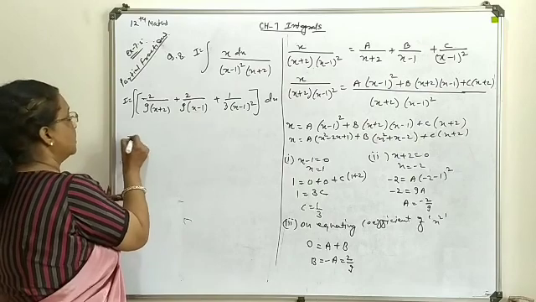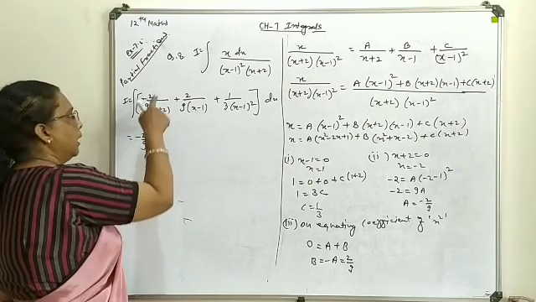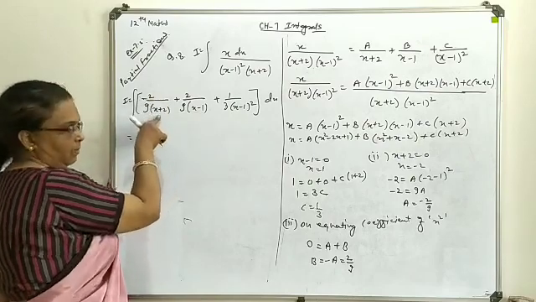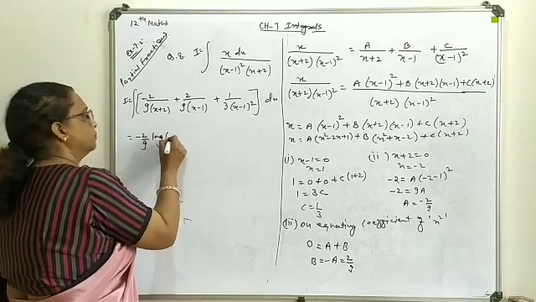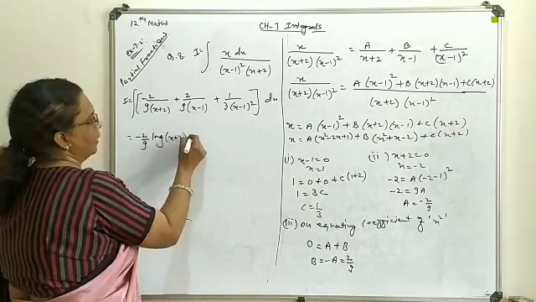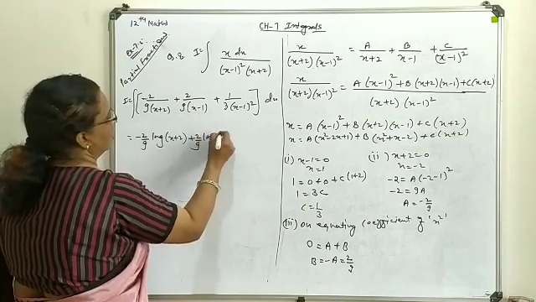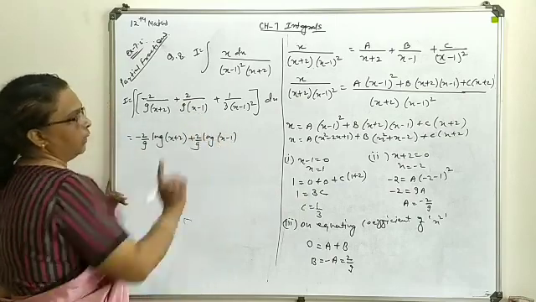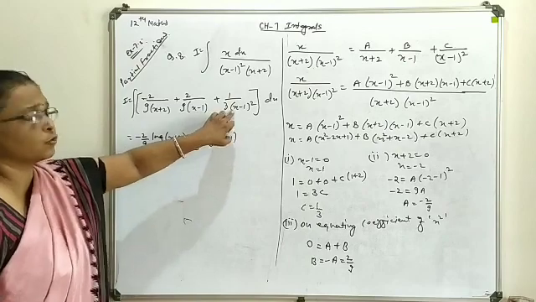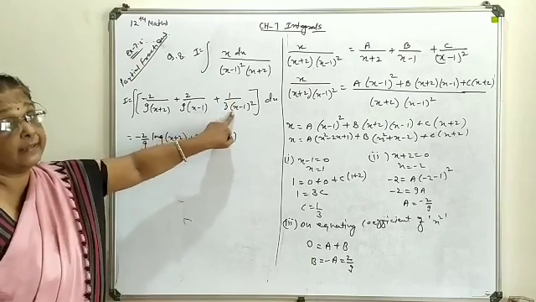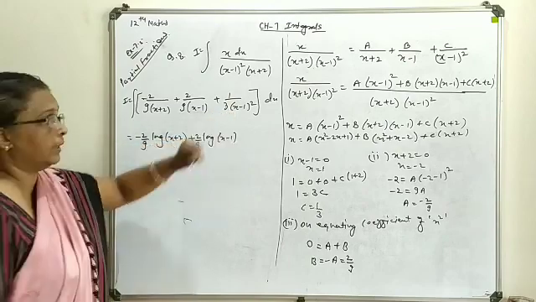So this is the minus 2 by 9. Integration of 1 upon x plus 2 is log of x plus 2. This is 2 upon 9, this is 1 upon x minus 1, meaning the log of x minus 1. Now here, this is to be treated as t power minus 2. So how much will it be?